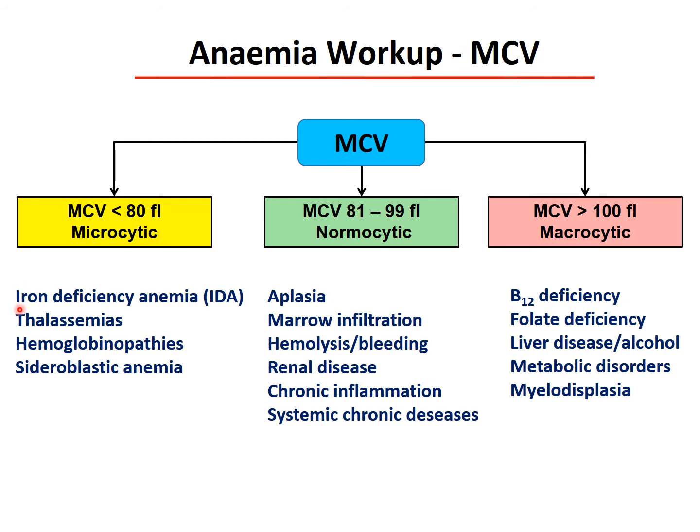The most common are iron deficiency anemia, thalassemias, hemoglobinopathies, or sideroblastic anemia. They are all microcytic. In some cases, for example, chronic inflammation can cause microcytic anemia, but it's mostly normochromic and normocytic.